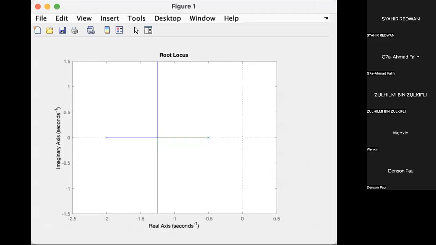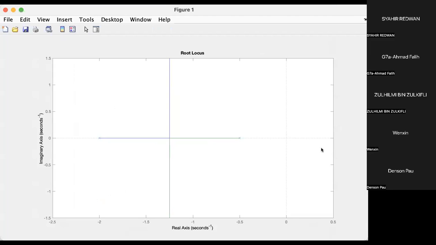Can you comment on the plot? They have a root locus path.